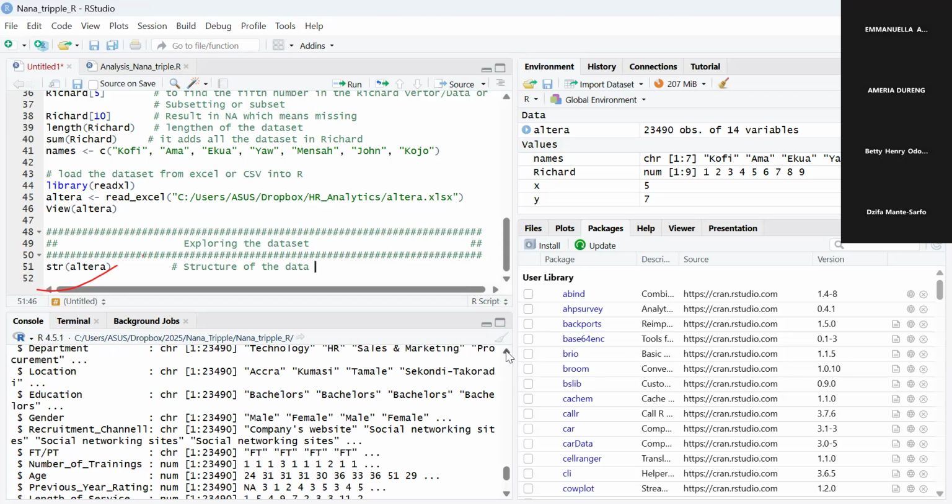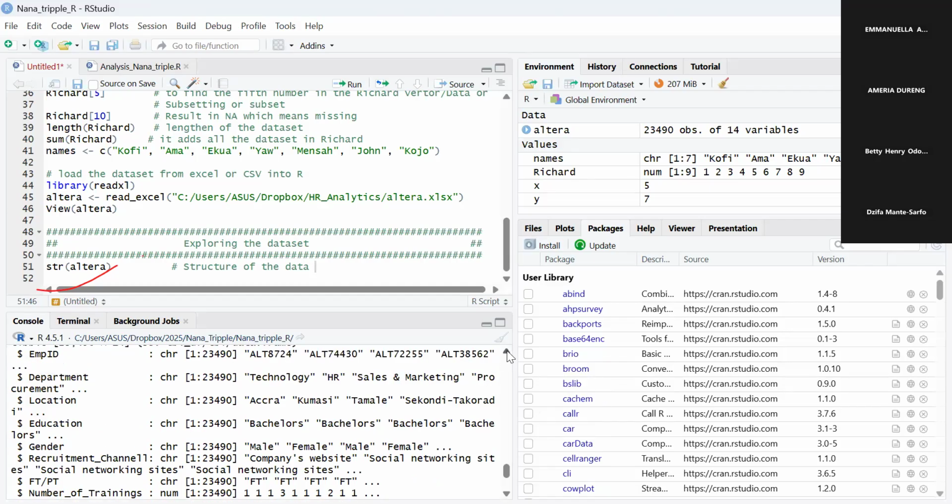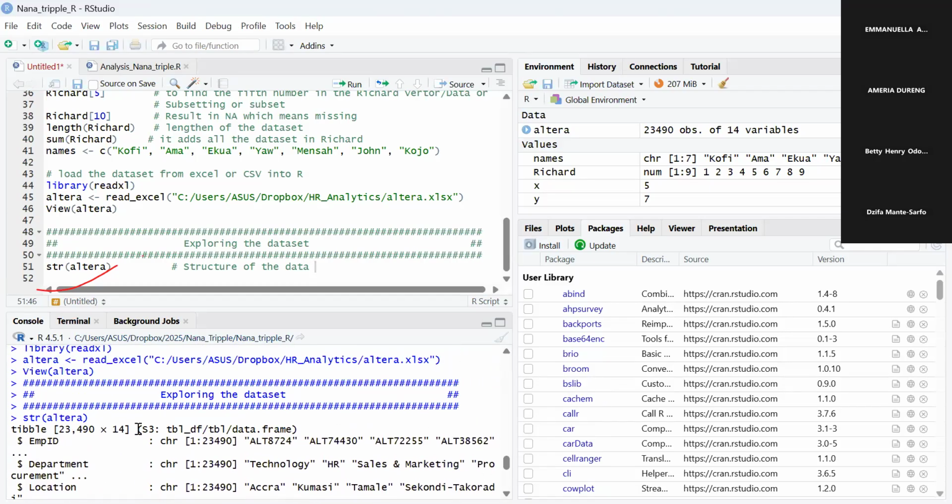Now let's look at the structure of the data. You can scroll down. The first thing you see is employee ID, and it's telling you it's a character, CHR.